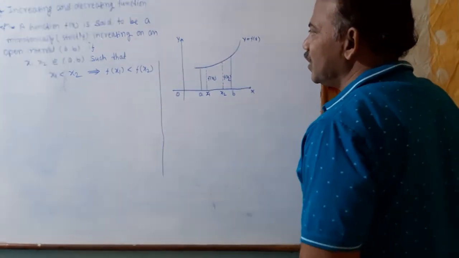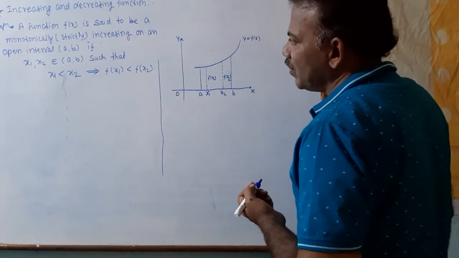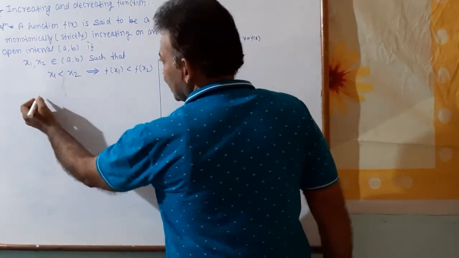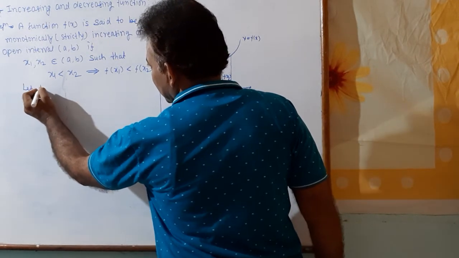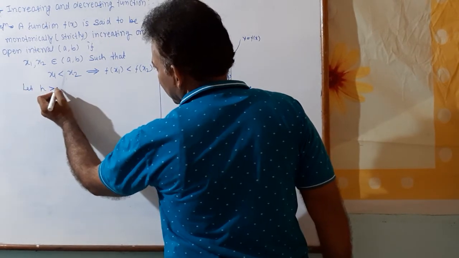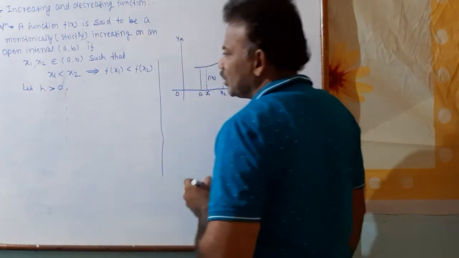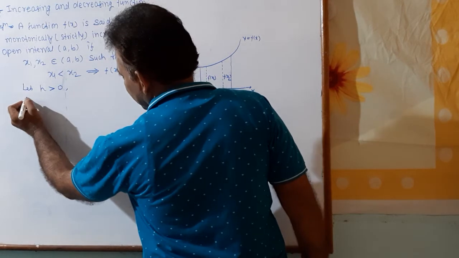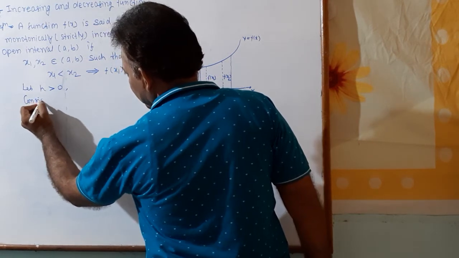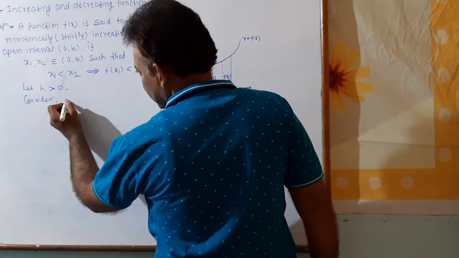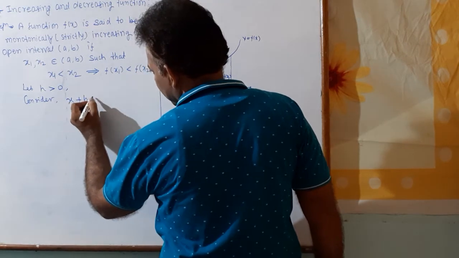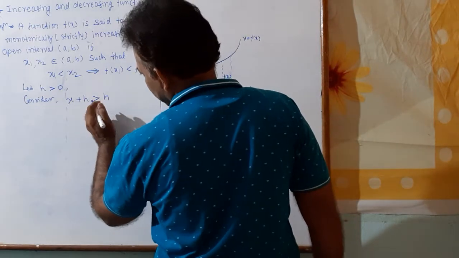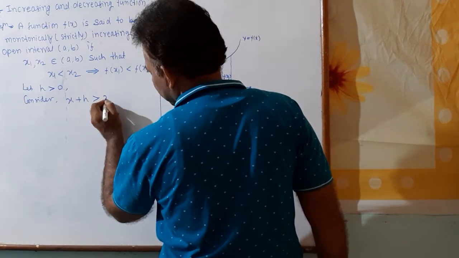By using this definition, we derive one important formula. See here, suppose f of x is an increasing function and let h be a small positive increment. Suppose h greater than 0 is a positive, small increment, then we consider x plus h. Always x plus h is greater than x.